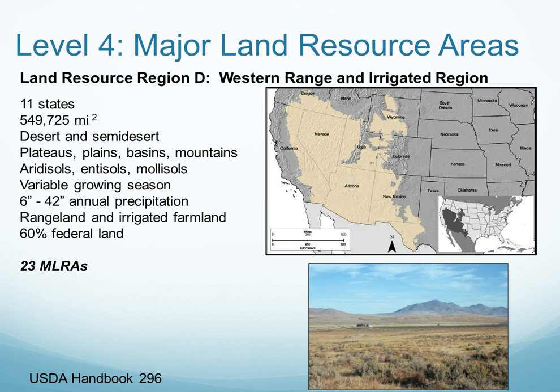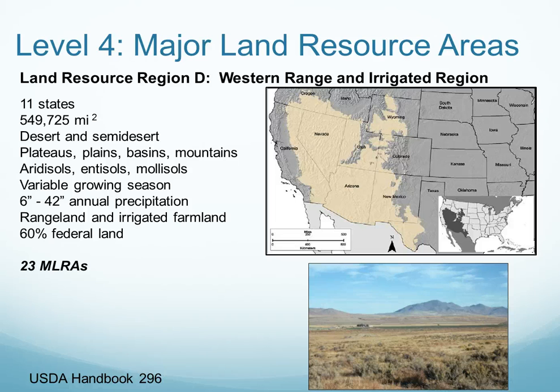The precipitation is also variable from being quite low at the Mojave Desert to higher up in parts of Northern California and also at higher elevations locally.